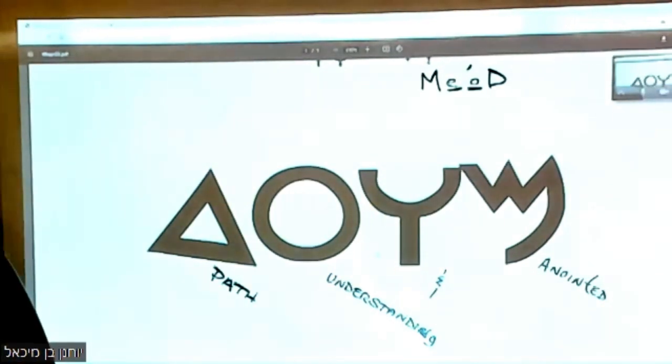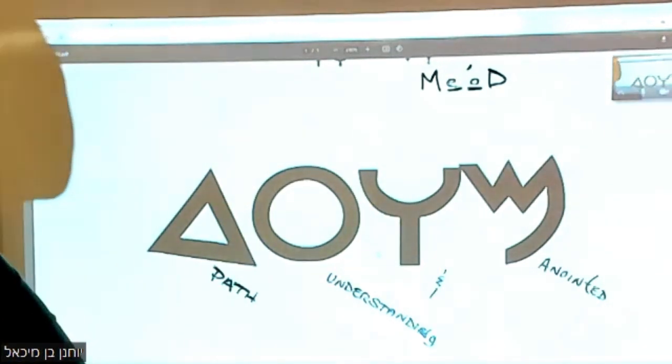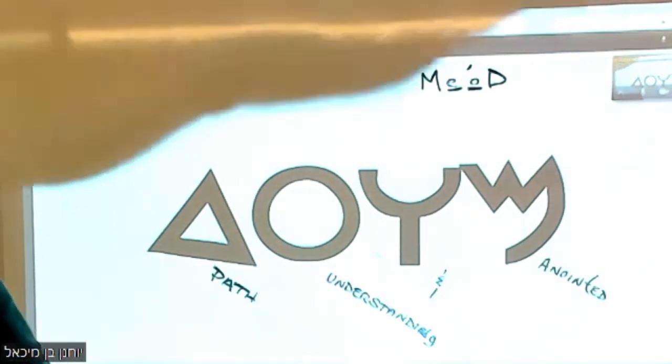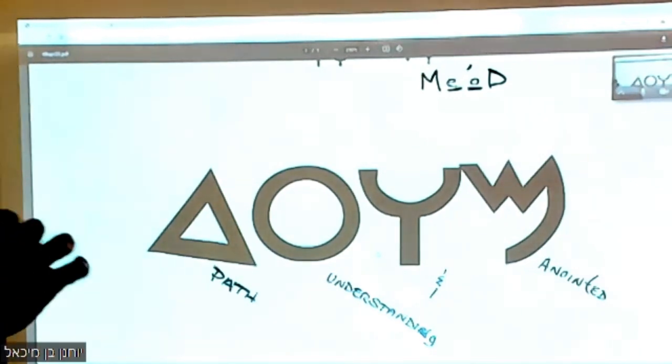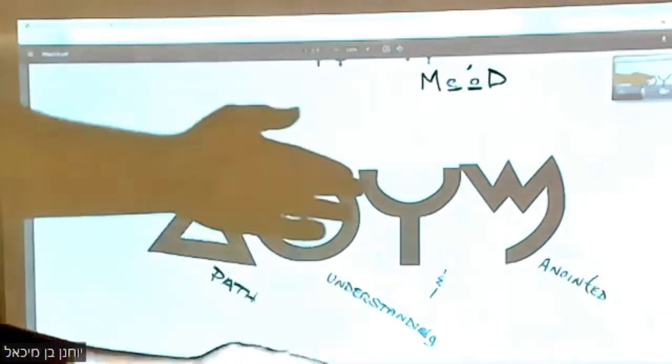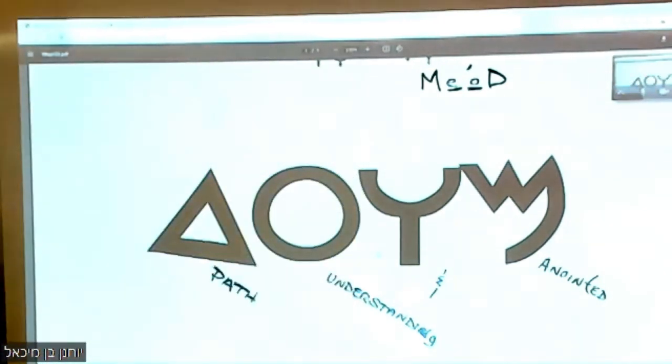So what we see here, especially in regards to his moadim, his appointed times, his set times and festivals, we see anointing and understanding, a pathway.